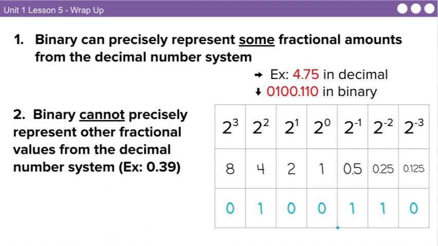So 4.75 in decimal would be 0100.110 in binary, and this is what that looks like. This is the only part of the flippy-do that we use, but you could go even smaller. The second point: binary cannot precisely represent other fractional values from the decimal number system, and an example of that is 0.39.